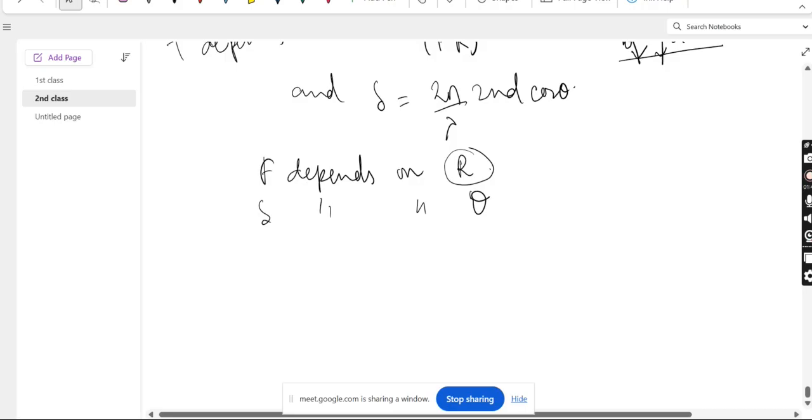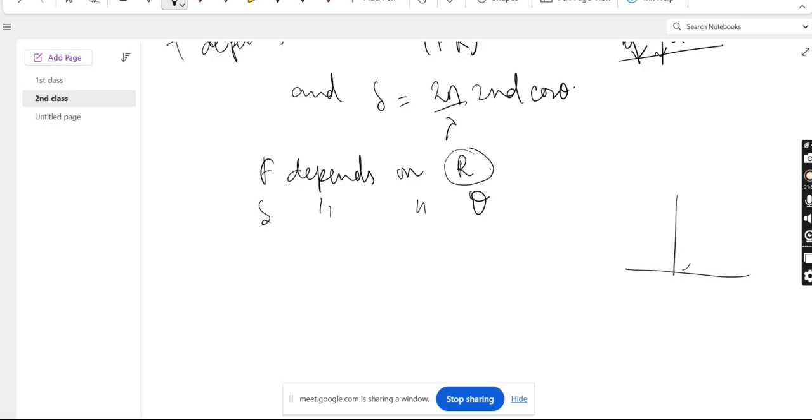So another thing I want to discuss is the FWHM. So FWHM is what? We have the transmittance curve like this, and we have the maximum.